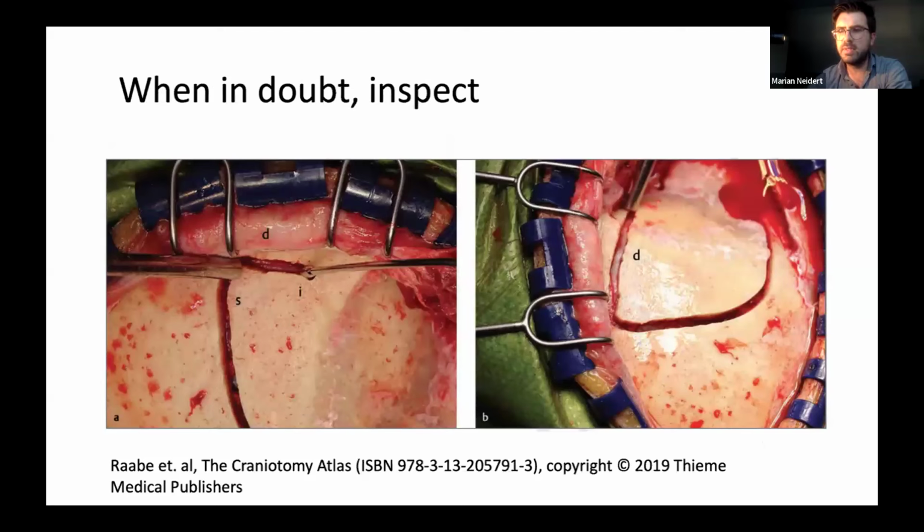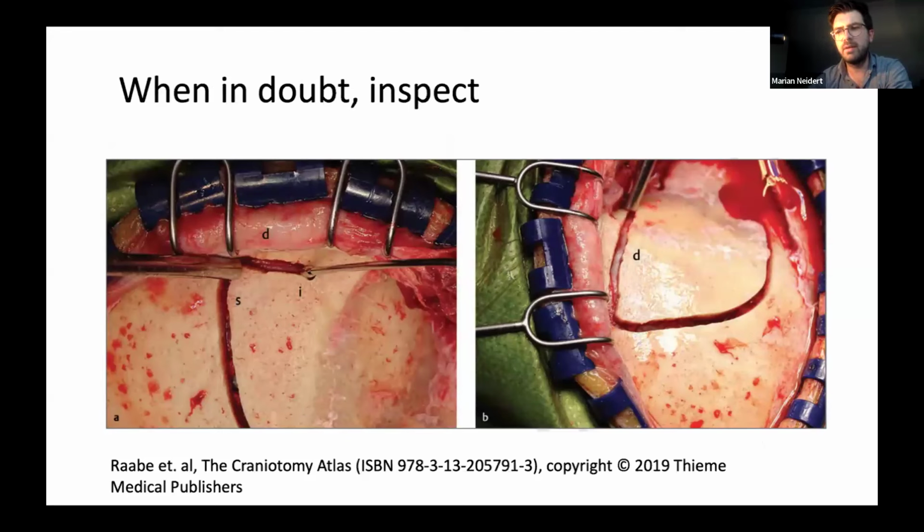Also, when you have resistance during craniotomy, it's usually possible to inspect the integrity of the dura mater. So by positioning the light at the right angle and also going with a small suction, you can see whether the dura is still intact or not within the craniotomy line.